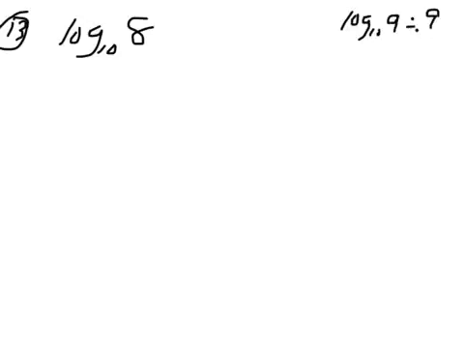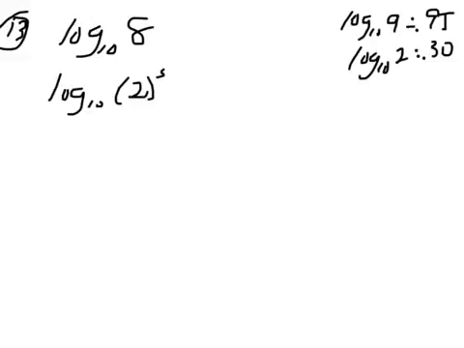So for 13, you have log 10 of 8. And remember, you're trying to rewrite it in terms of log 10 of 9, which is 0.95, or in terms of log 10 of 2, which is 0.30. Well, how can I write 8 in terms of 9 or 2? Isn't 8 the same thing as 2 cubed?